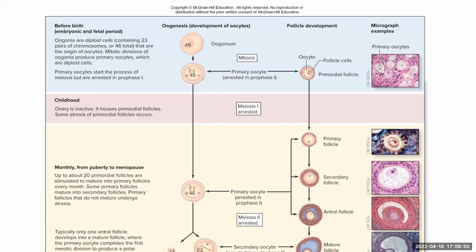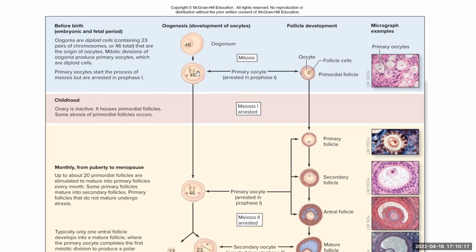And roughly, as we discussed, you'll have about 1.5 million, again during fetal development. While that's going on, you'll have the oocyte surrounded by a very simplistic form of a follicle. We call it the primordial follicle. It only has one layer of cells surrounding the oocyte here. So we call it a primary oocyte.